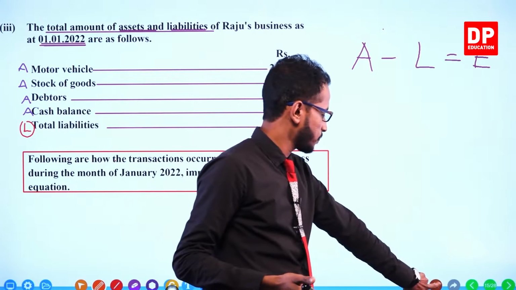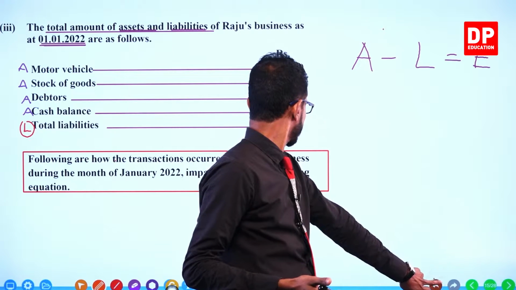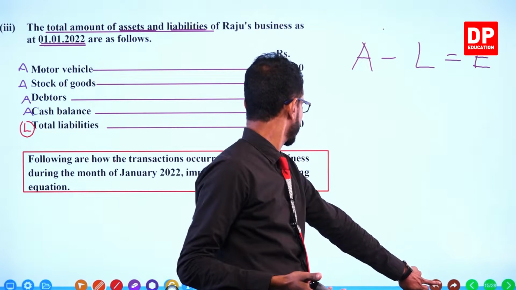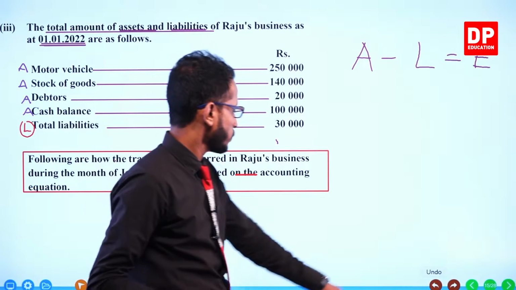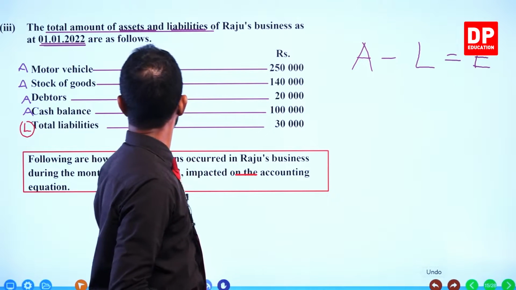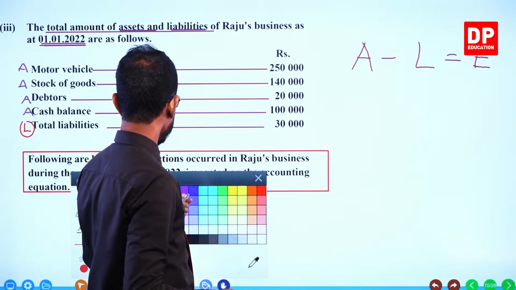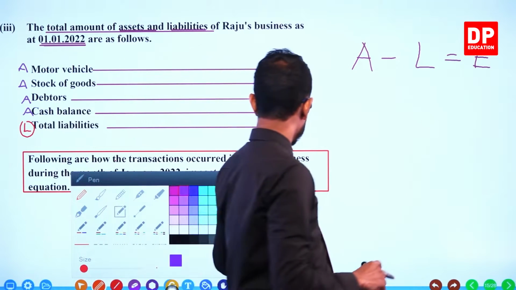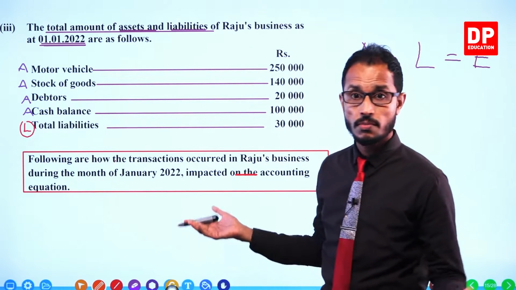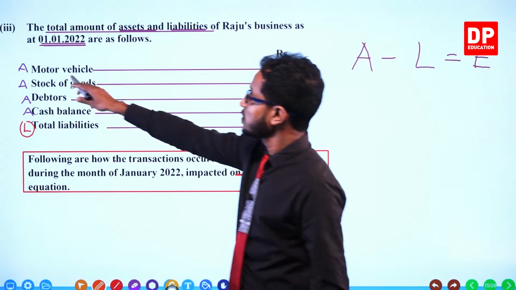That's it. Okay. How much is the total assets? Get the total assets, children. We have already marked the assets, right?